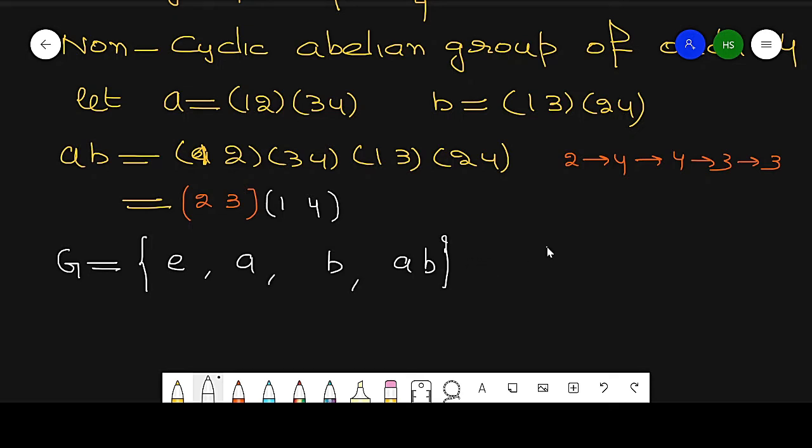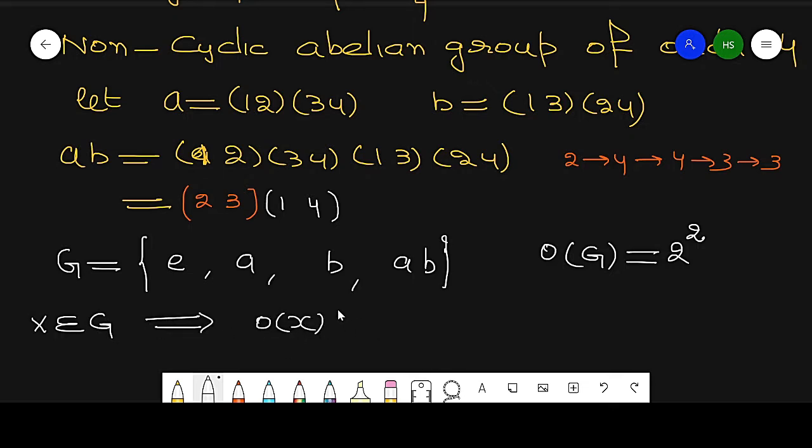The order of G is 2 raised to power 2, because it has 4 elements. Now if X is an element taken from G, the order of X divides the order of G. If it is non-identity, then the order of X is 2 or 4.